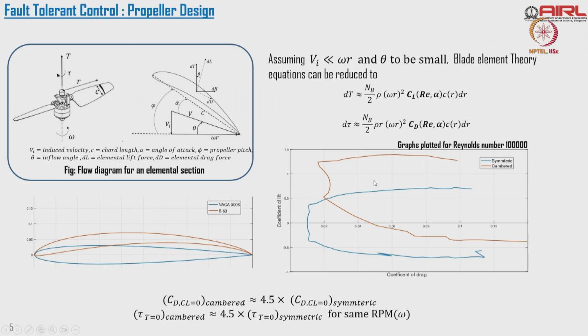If you look at the coefficient of lift and coefficient of drag plot, the cambered aerofoil is not symmetric, so this is the typical structure. With that, I can produce 0 thrust, but I can have a torque. Okay, but we have to manufacture this particular aerofoil. That's going to be a real challenge, right?